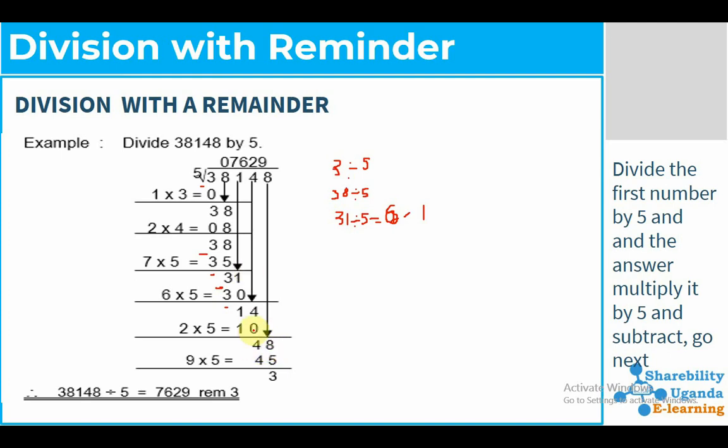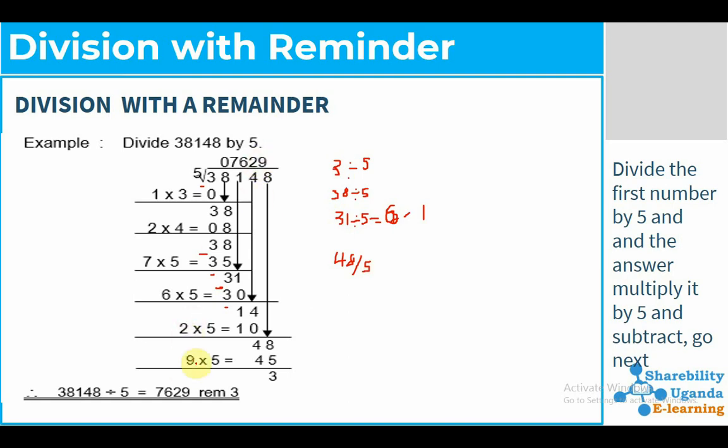When you divide 48 divided by 5, we shall be able to get 9.